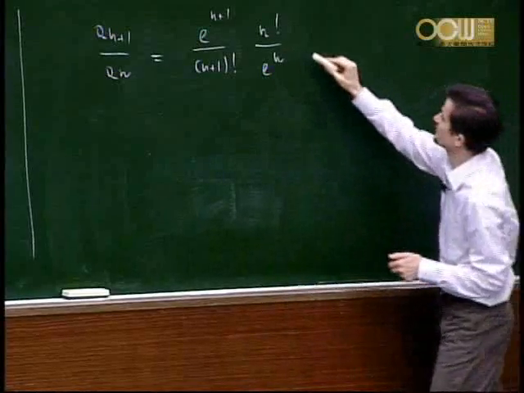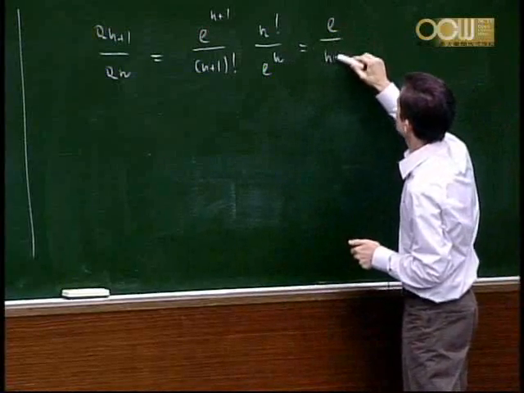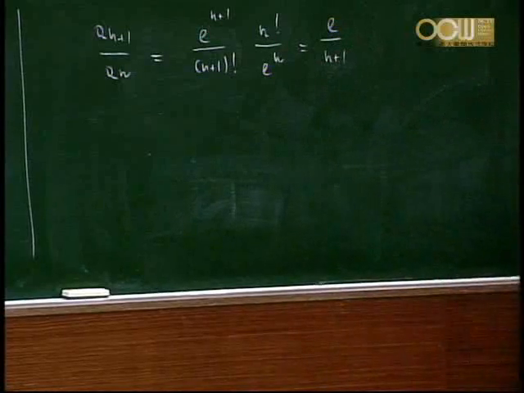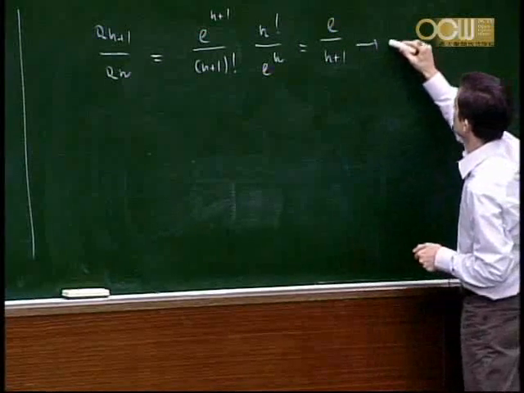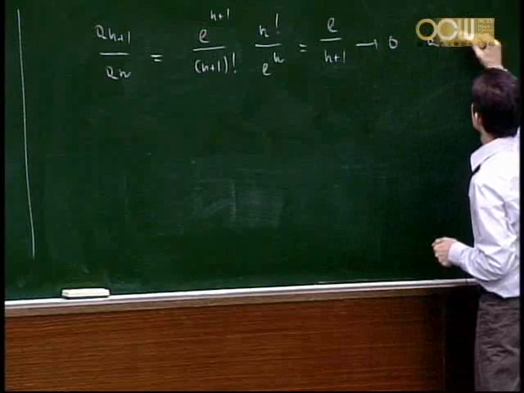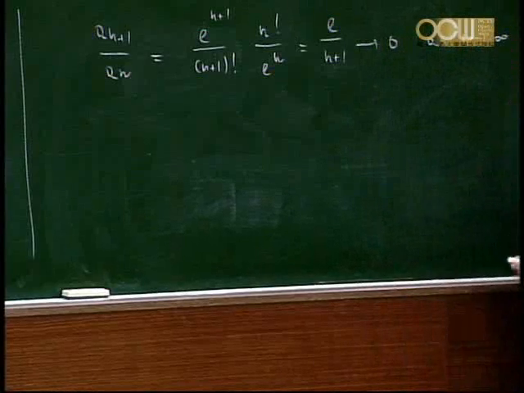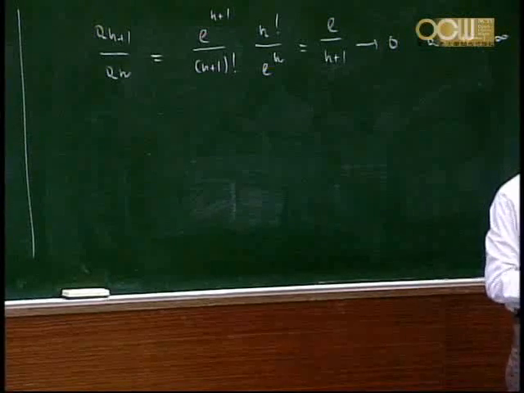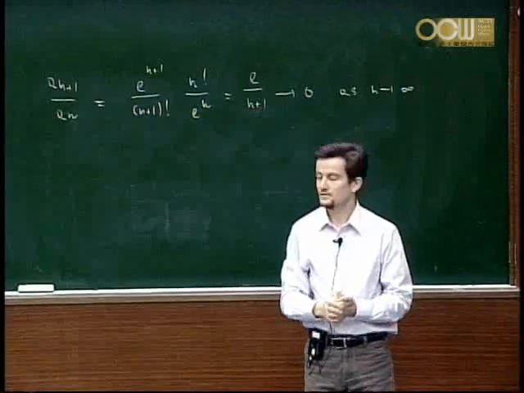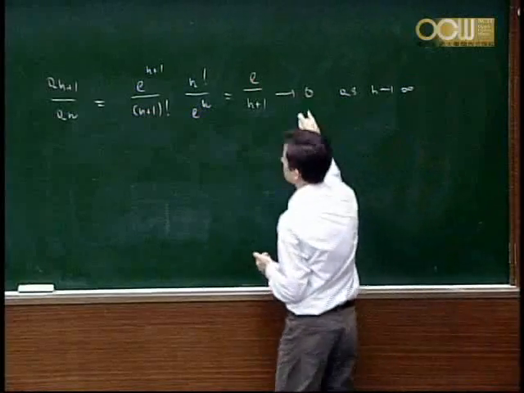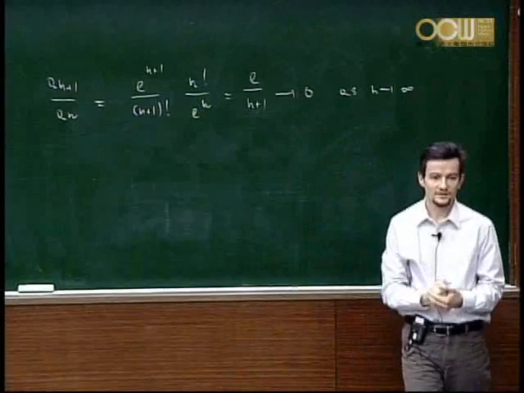So you see that this will give e over n plus 1, and you observe that as n tends to infinity, the ratio tends to 0. Now, why is this a crucial observation? Why is this a good observation?